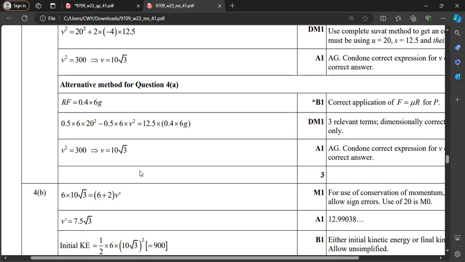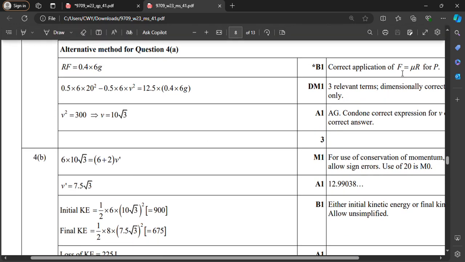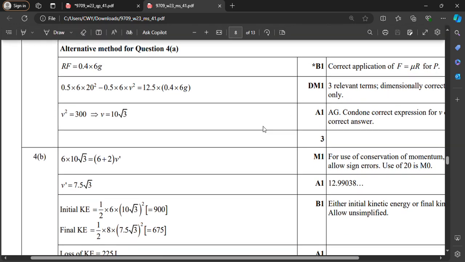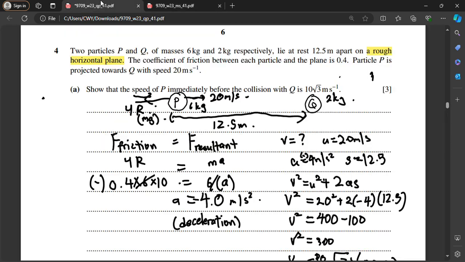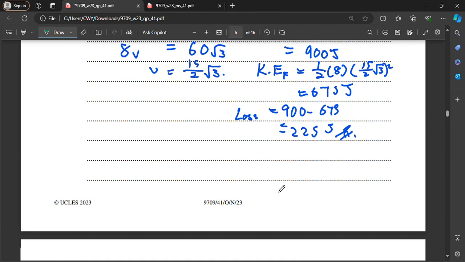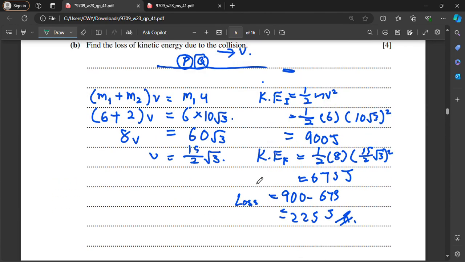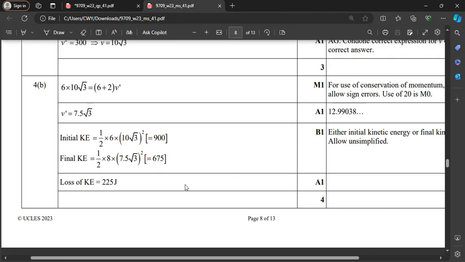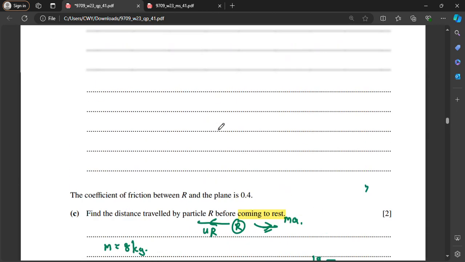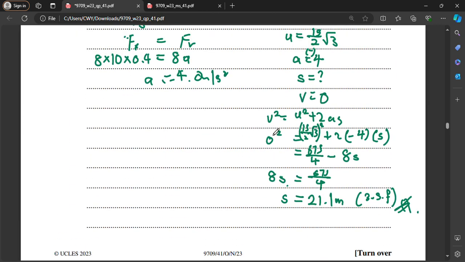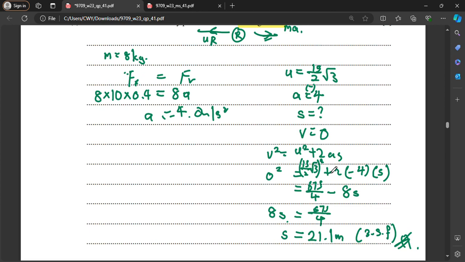Your second answer is 225 joules. I did the same steps. My last one is 21.1. So yes, I got all of them correct, thank God.